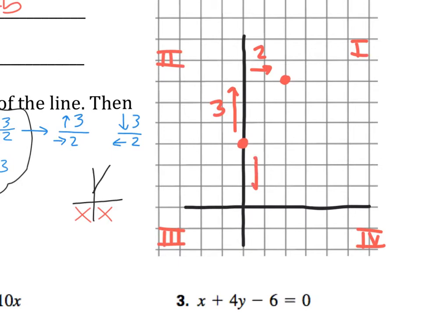I could have gone down 3 and left 2. If I do that, notice what's true about my 3 points. They're collinear. They're in a straight line. And that's exactly my expectation. You are not responsible for all 3 points. Just these 2 are sufficient, because 2 points will make 1 line.